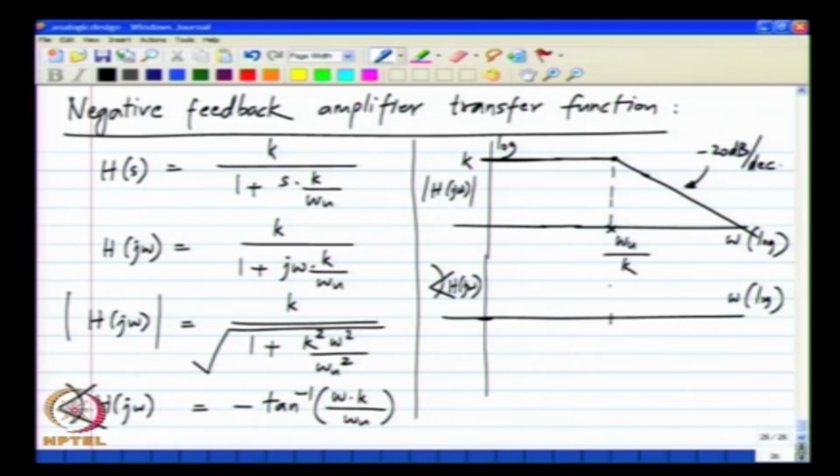For omega equals omega u by k, the argument of tan inverse will be unity and we get a phase of minus pi by 4, and for very high values of omega the argument of tan inverse will be very large and we get an angle of minus pi by 2. So, the phase changes from 0 to minus pi by 4 at the pole frequency and becomes minus pi by 2 at very high frequencies.